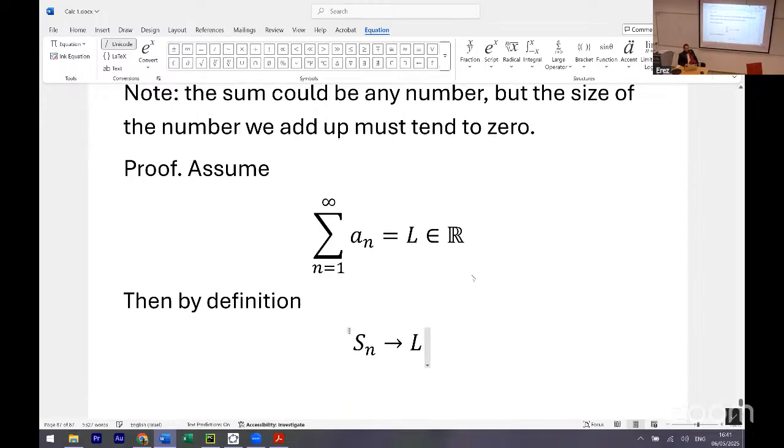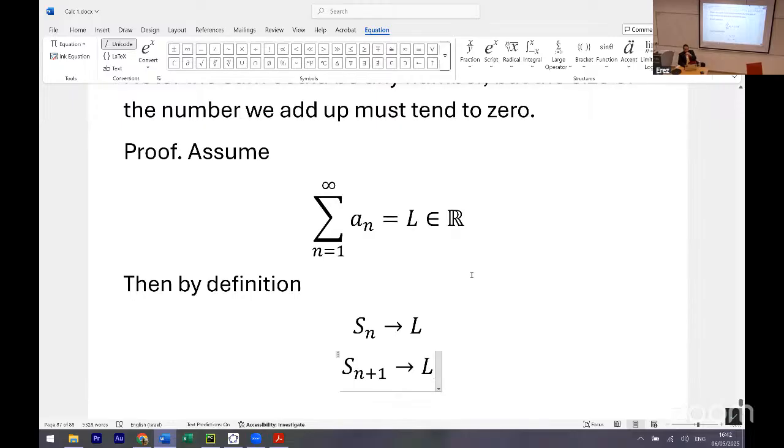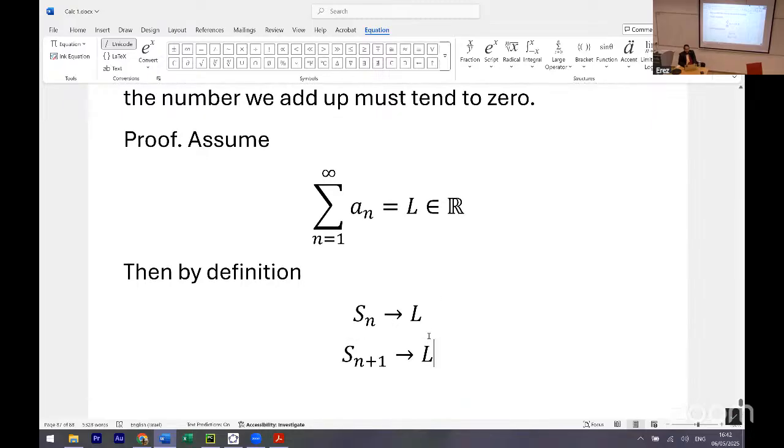What can you say about the limit of Sn plus 1? It also tends to L, and that's a theorem that we learned that is important for the question in the test that I told you to do. Okay, so what would you say about Sn plus 1 minus Sn?